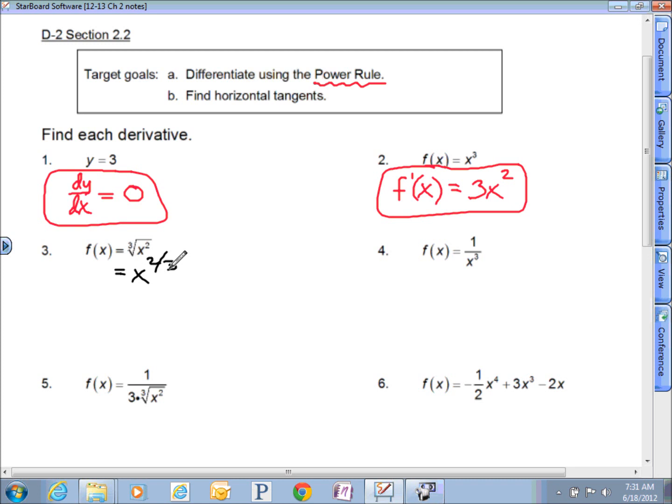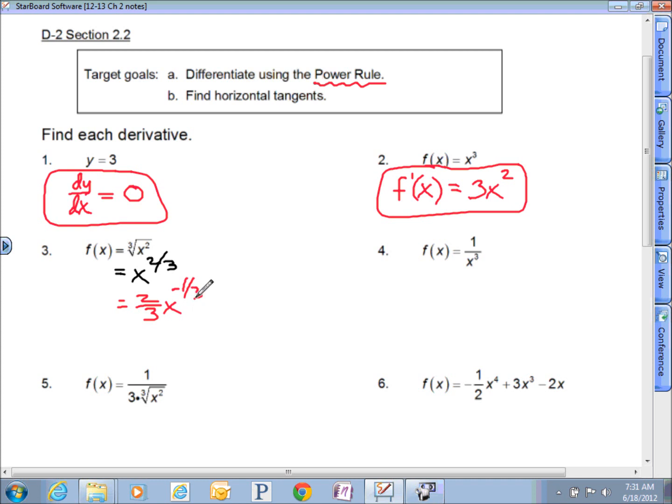So now when I go to take my derivative, it's a single term, single derivative. Put the power down in front to multiply by it. Take that x and raise it to 1 less power. So 2/3 minus 1, or minus 3/3, would be negative 1/3.